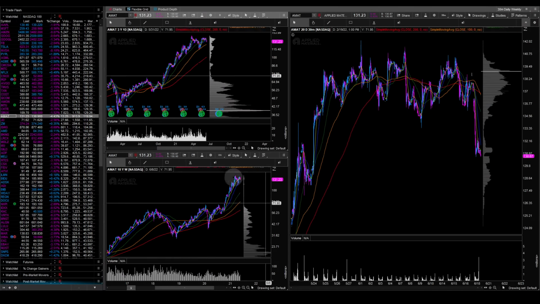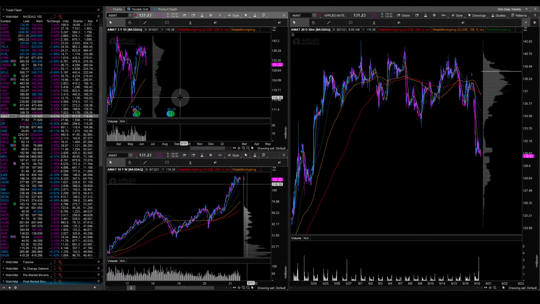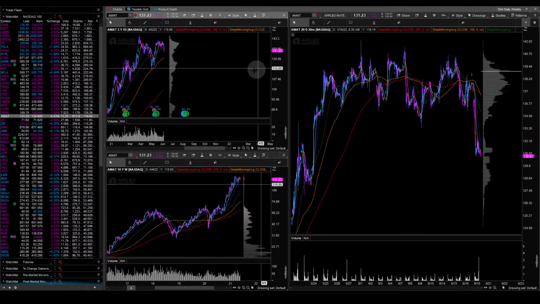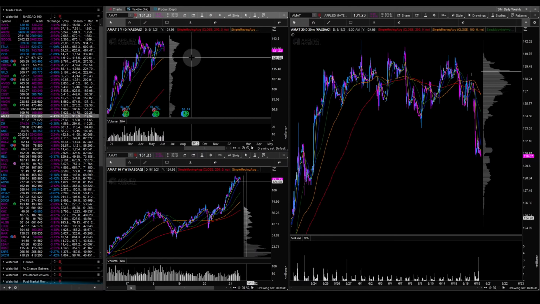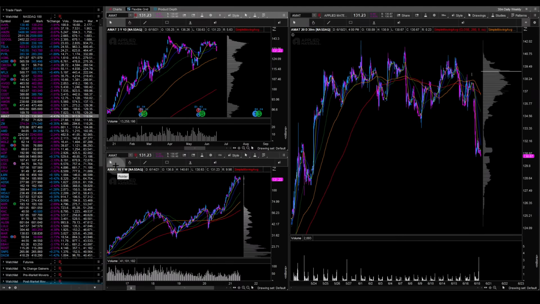Applied Materials. We had been looking at this one and said it looked good. It broke all these. Man, I'm such a noob. Here, we'll just do this. It broke all of these. That's interesting.